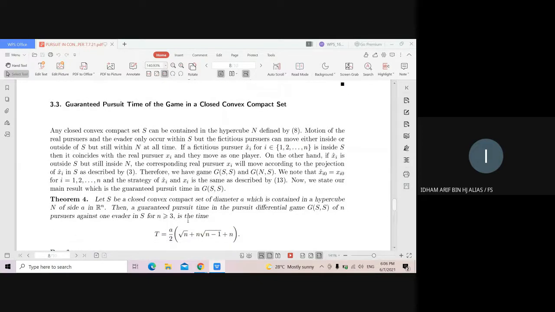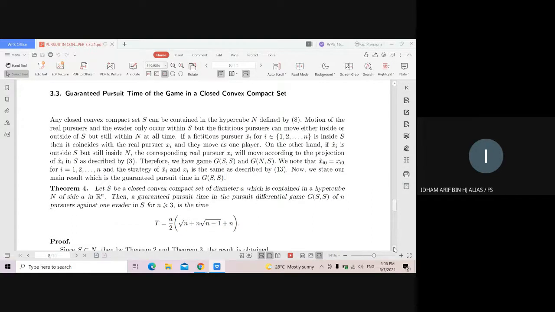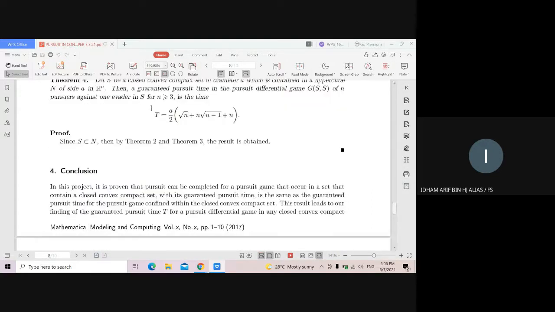The guaranteed pursuit time is just the same as in theorem 3, because we use the result of theorem 2, which says that the guaranteed pursuit time between S, which is contained in M, is just the same. In our case, the M that contains S here is the cube M. That's how we get the same guaranteed pursuit time, which is an improvement from the guaranteed pursuit time in 2015.